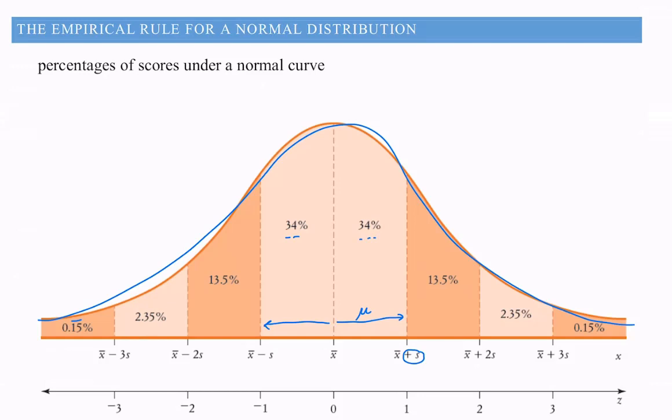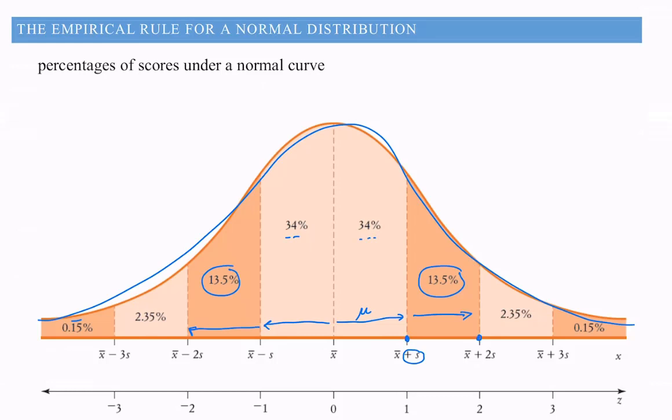And if I go one more standard deviation below, 13.5% live in this part, and 13.5% live in this part above, between the first standard deviation and the second standard deviation.